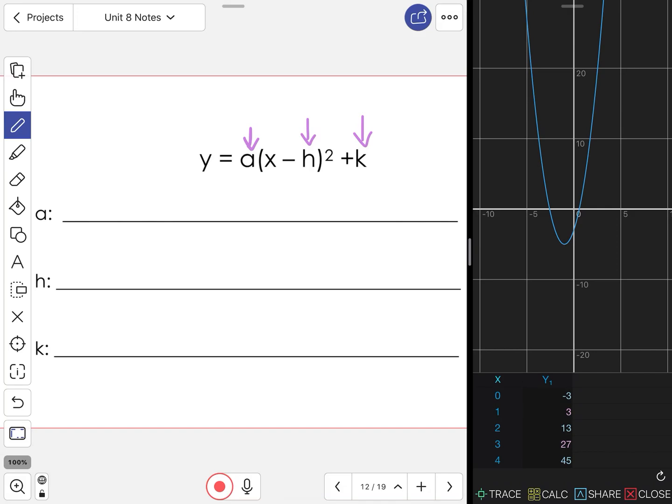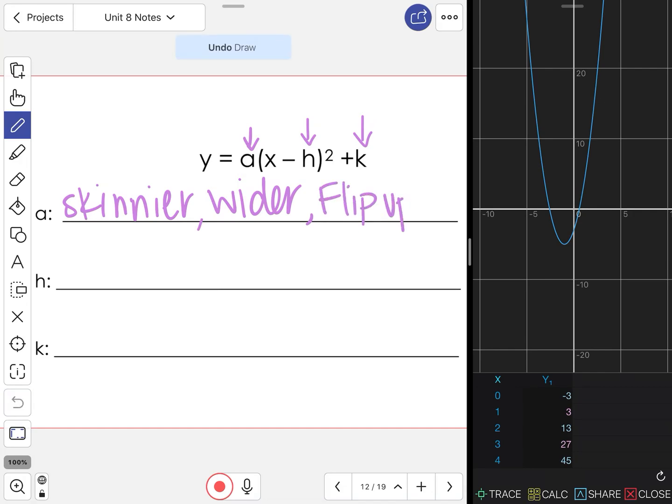When we had a negative, it flipped it upside down. So our A can do a couple things. It can make it skinnier. It can make it wider. Or it can flip upside down. So lots of things it can do.